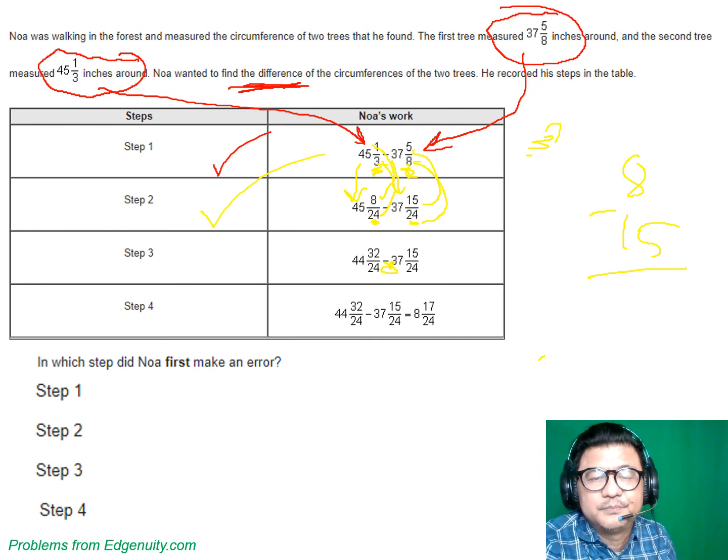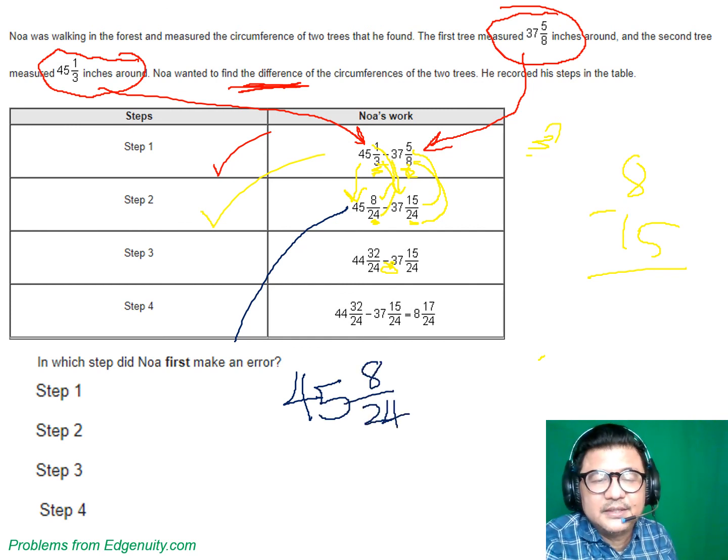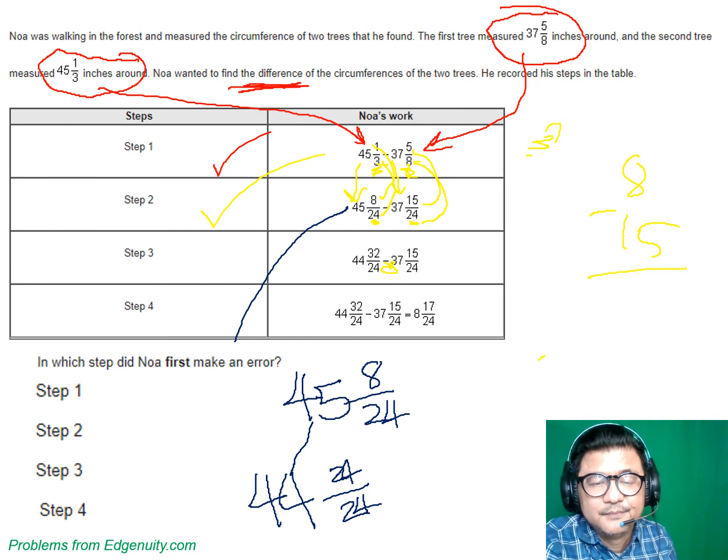He regrouped the number 45. This 45 and 8/24, he took away 1 from 45 and made it 44. And the other one that he borrowed, he made it 24 over 24. That's still a 45, right?